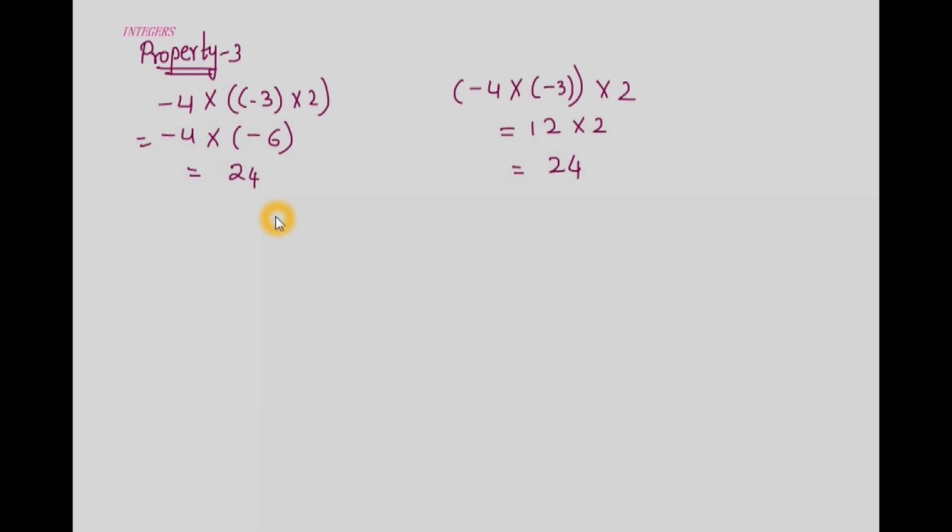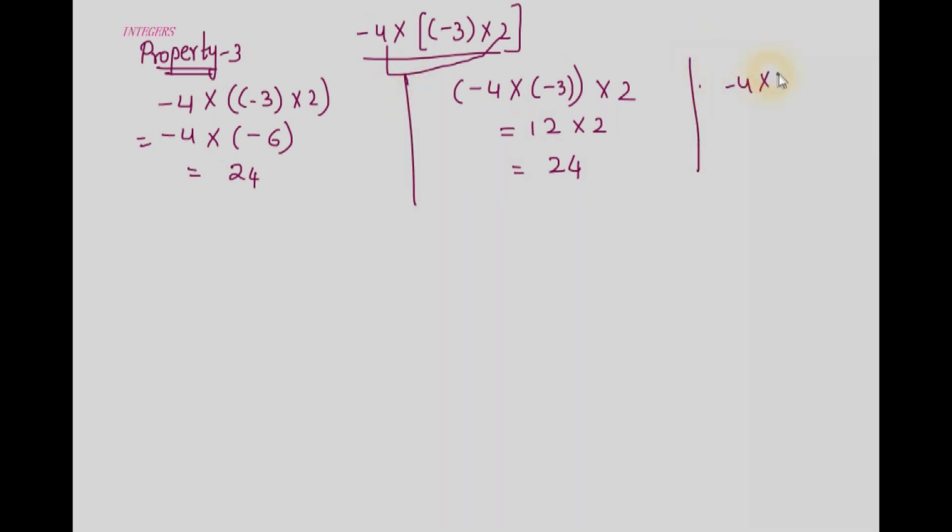So, we can group the integers in any easy combination. Here minus 4 into minus 3 into 2. We can group the integers in any order to make them easy. If it is necessary, we can make these two integers a group. We can write like this also.